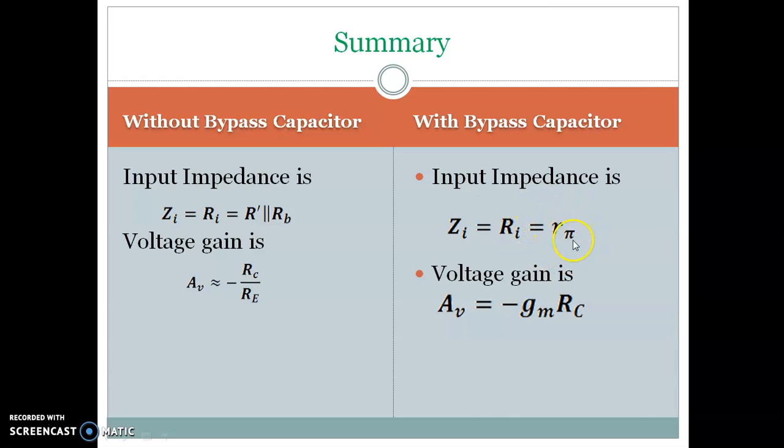So with the bypassing capacitor the input impedance reduces, but the voltage gain Av is equal to minus Gm times RC, which is comparatively improved. That is what we have to understand about with and without bypassing capacitor. With bypassing capacitor, input impedance is low but voltage gain is high. Without bypassing capacitor, input impedance is better but voltage gain is low.